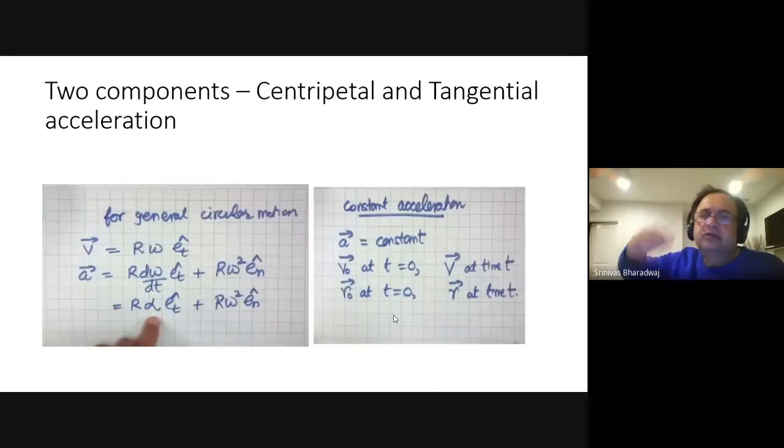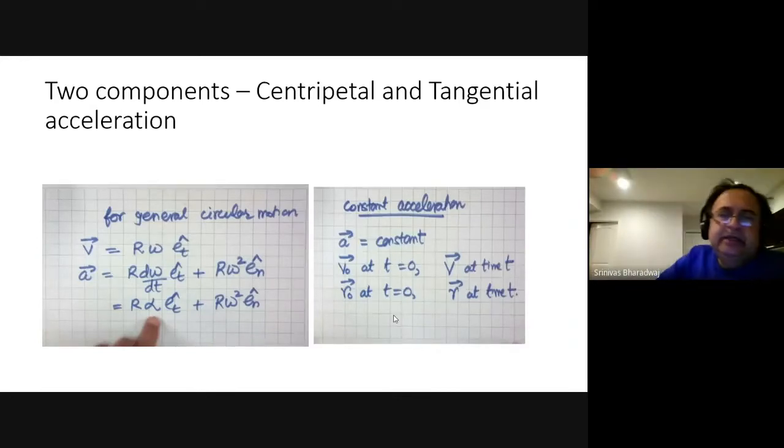All right. So two components, centripetal and tangential. So remember, r alpha e_t plus omega square r e_n. e_n is the radial, e_t is the tangential, and alpha is the tangential angular acceleration. When they say angular acceleration, they naturally mean tangential.